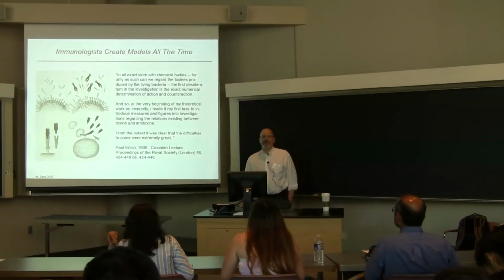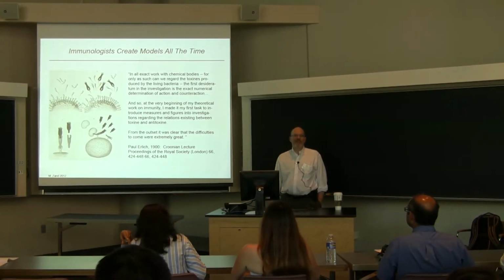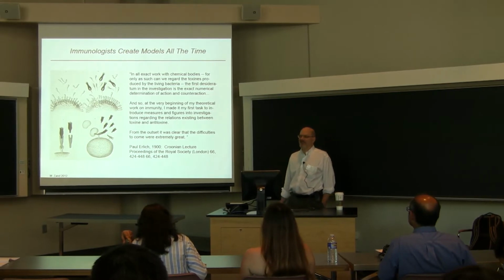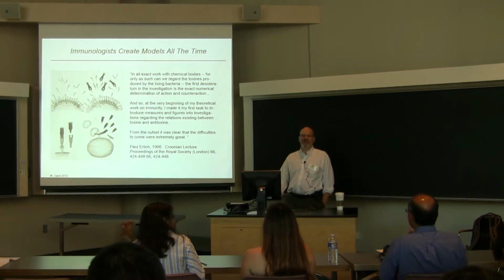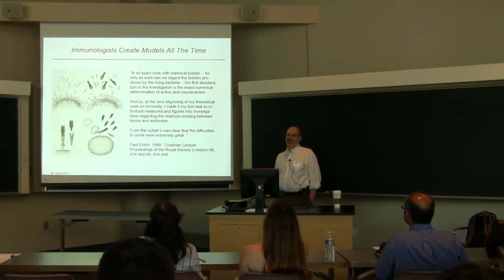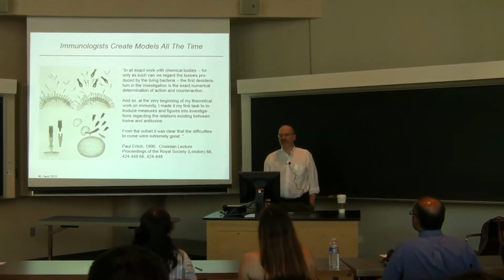Okay. So let's talk about modeling. This should be no surprise to all of you, and the fact that you're here means that you recognize that modeling is something that we do or that we would like to do. The reality is that immunologists have been creating models ever since there has been immunology.